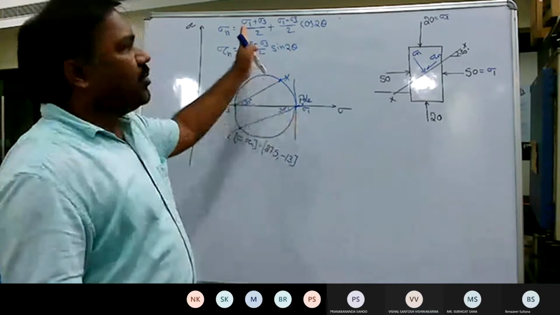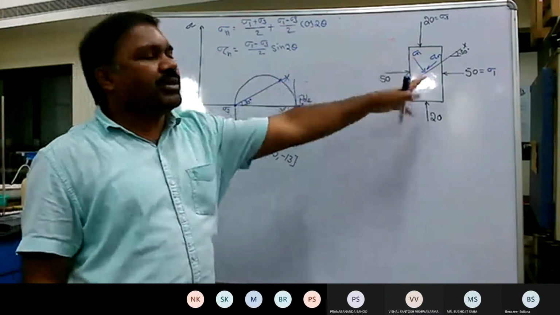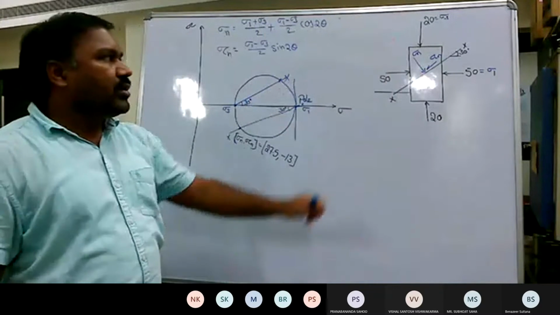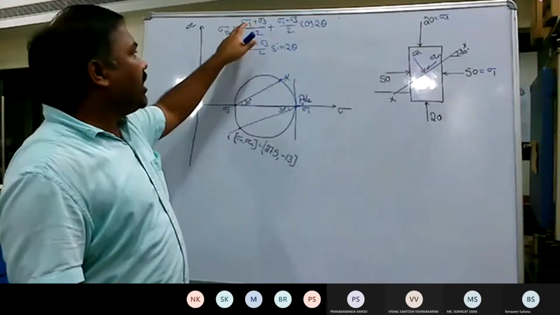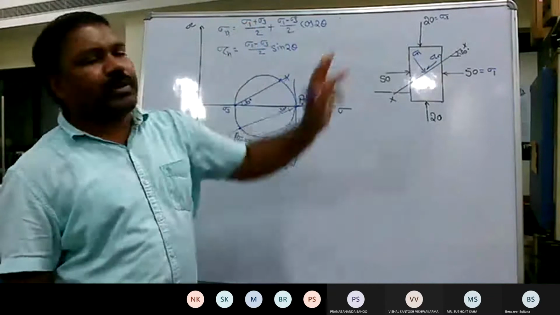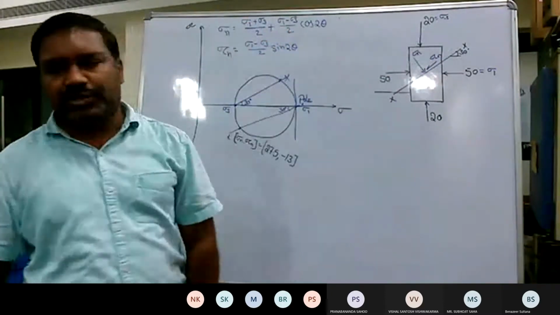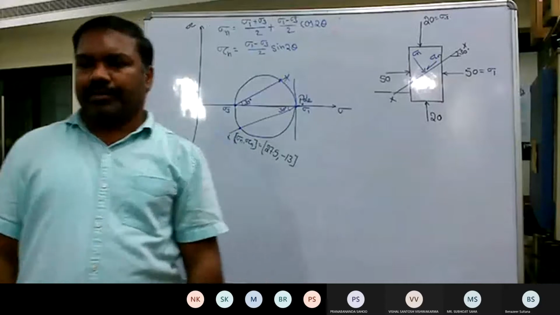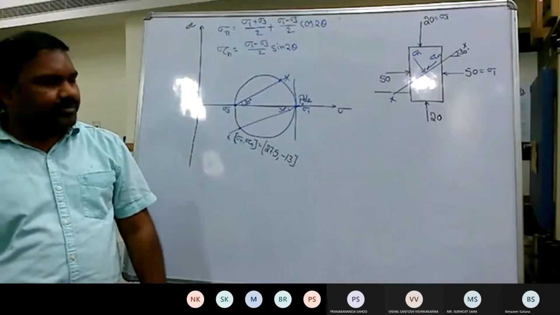Whether you take sigma 1 as positive or negative depends upon the stresses that you consider. Suppose in this case compression is positive, you give input sigma 1 as plus 20. If it is negative, then you directly insert minus 20. Equations will not change.